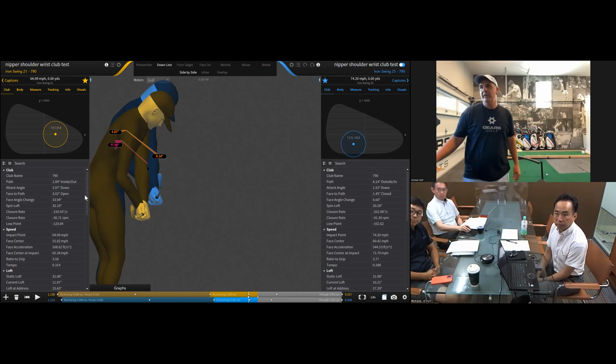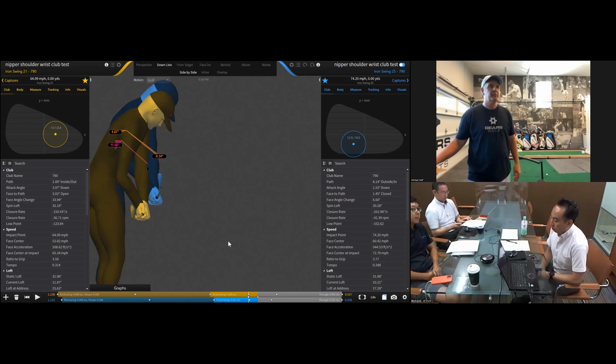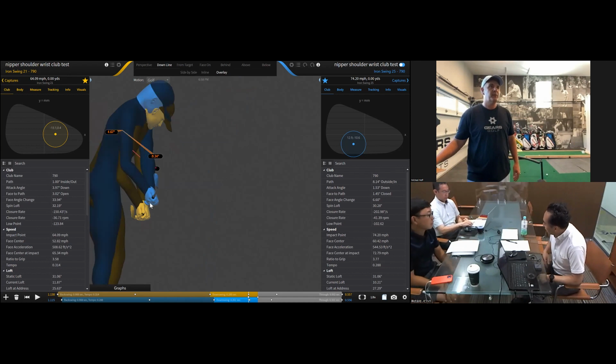So that's a very, very good training aid. I found it's just cheap and very effective. That's before and after.